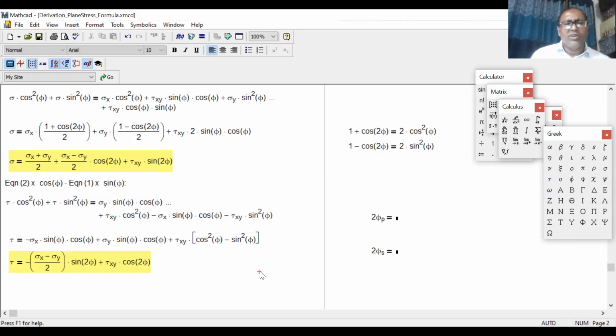Because we are not sure. We can solve it without these two equations, but then we need to solve too many times. You start from 0 degree, 1 degree, 2 degree, 3 degree, until 90 degree. But instead, if we have the formula, you know the angle and use the mother equation.